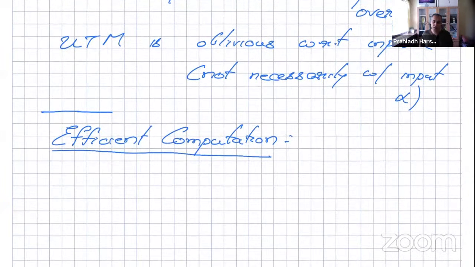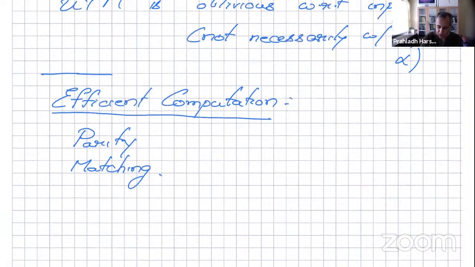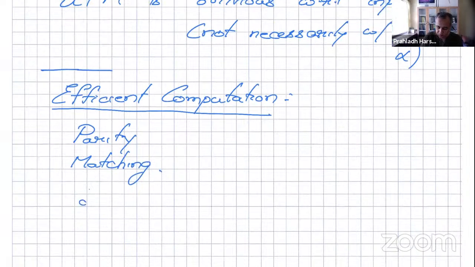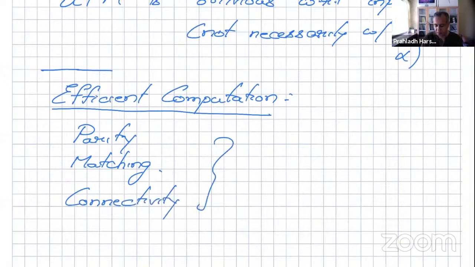So just recall some of the problems we started off with in the first lecture. We said that some problems were easy: parity, matching, connectivity. These were problems which we said were easy in the first lecture.